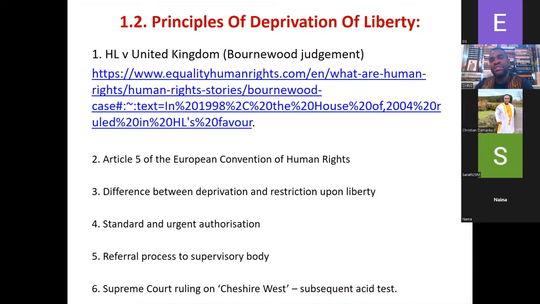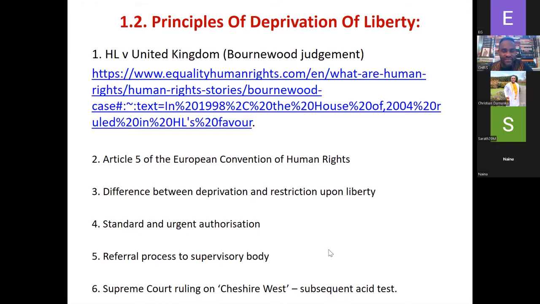The urgent authorization is what is approached when there are risks and there is urgency, that things should be done urgently in order to safeguard either the individual or other people in relation to the issue at stake. So if it is standard authorization, you can understand that the process may take a normal period. However, with the urgent authorization, it will be fast-tracked.